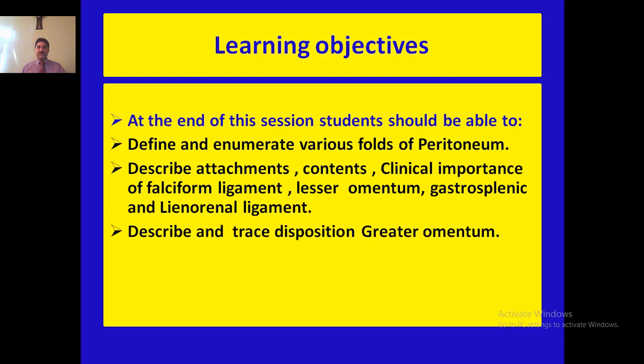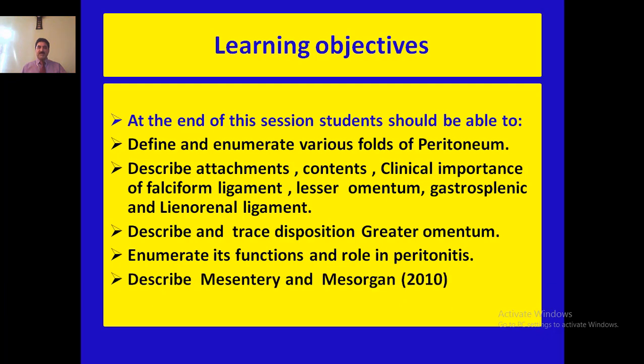They should also be able to describe and trace disposition of greater omentum, enumerate its functions and role in peritonitis, describe mesentery and mesoorgan, which is a recent concept. They should also know the applied anatomy of peritoneal folds.